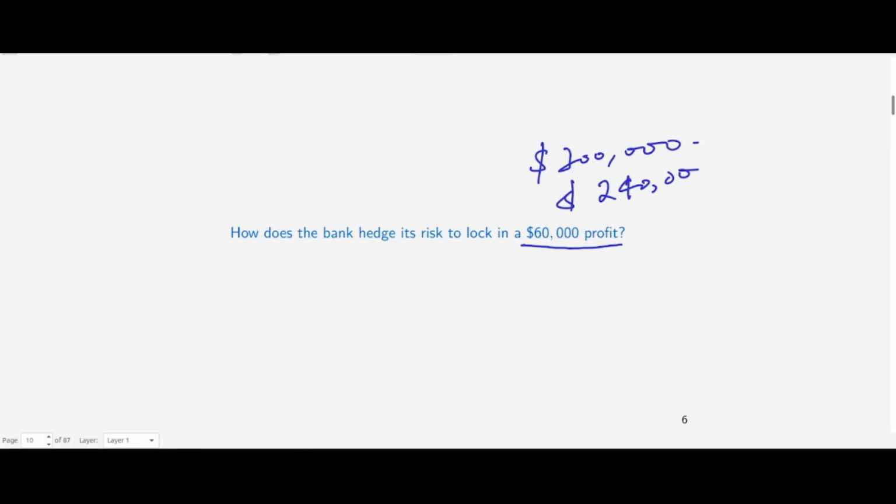So the difference is $60,000. So how does the bank hedge its risk against fluctuation for the next 20 weeks?